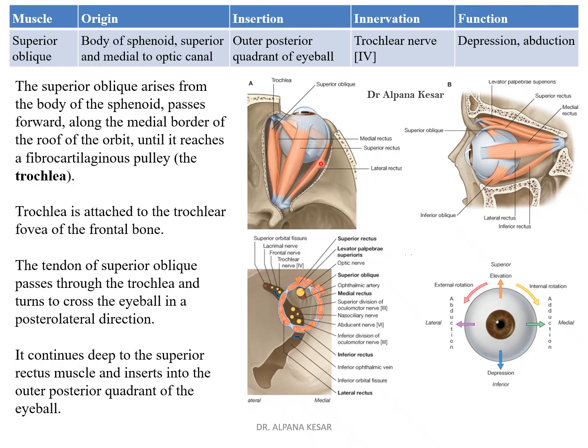Likewise, it will medially rotate the posterior part of the eyeball and thus it will laterally rotate the anterior part of the eyeball. Hence, it helps in bringing about depression and abduction. The innervation is by the fourth cranial nerve, that is the trochlear nerve.